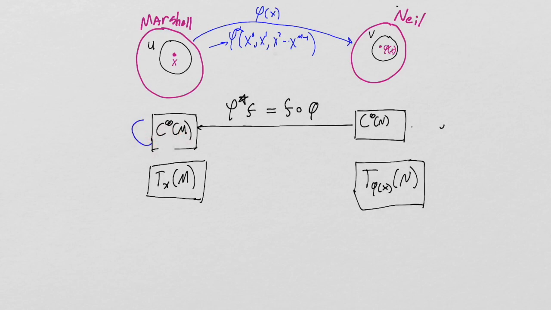Each member x is a map that takes a function on M to return a function on M. So if I have a vector x in this tangent space, x will act on elements of this set. Likewise, if I picked a vector, say y, from this tangent space, that would be a map from the continuous functions on Neal back to itself.